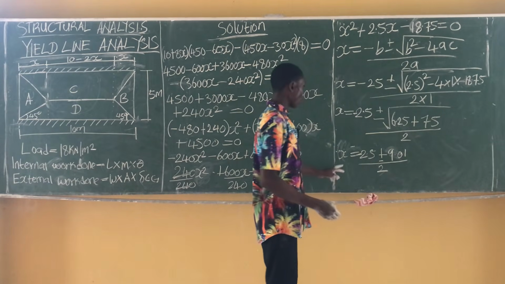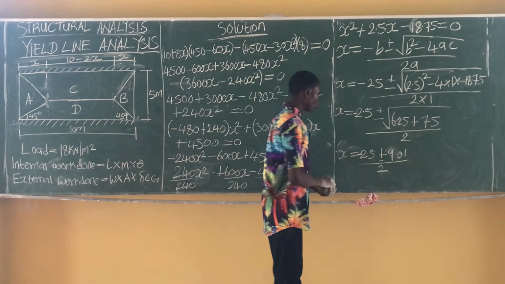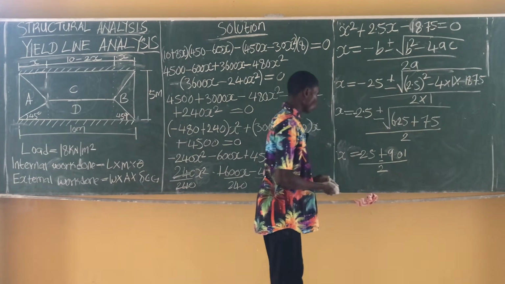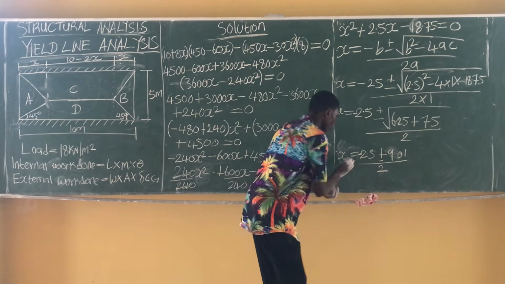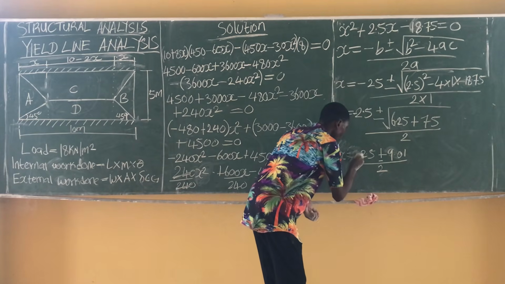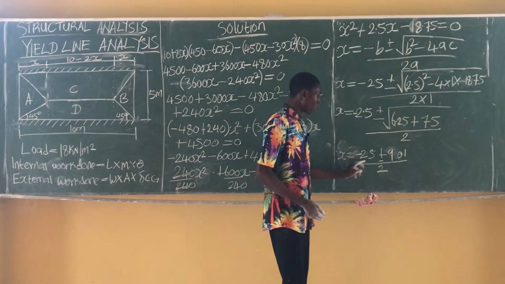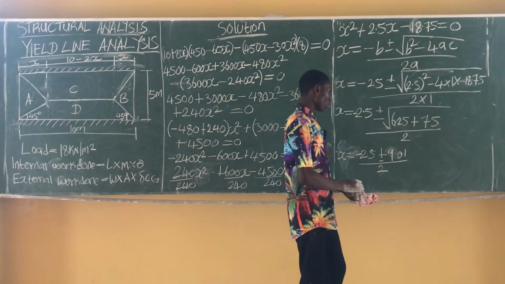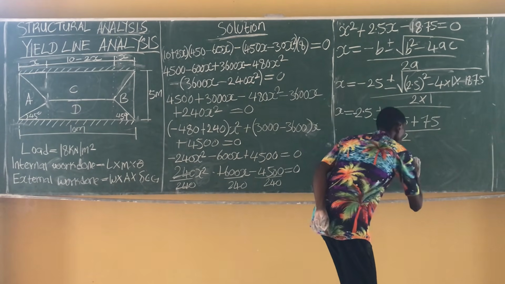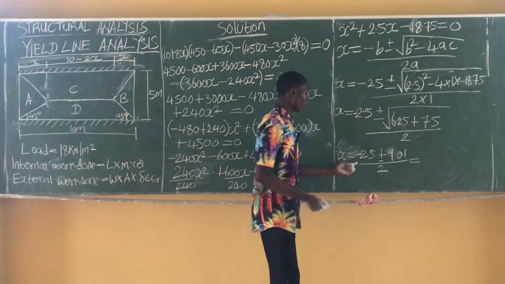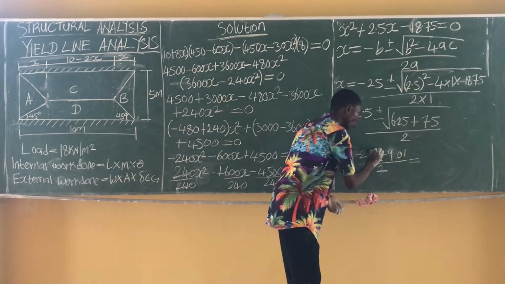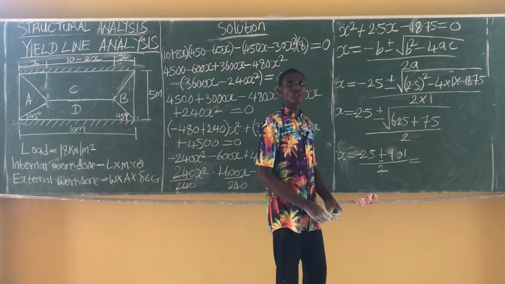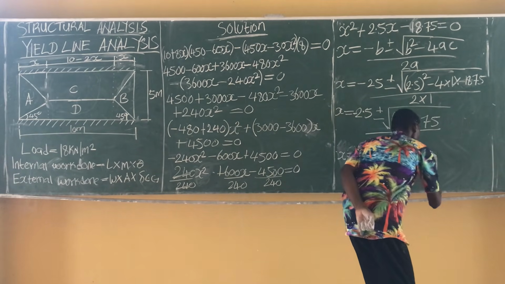Now at this point, we will be taking the positive value of our x. So we'll try first: x is equal to minus 2.5 plus 9.01 all over 2, that is 3.26.